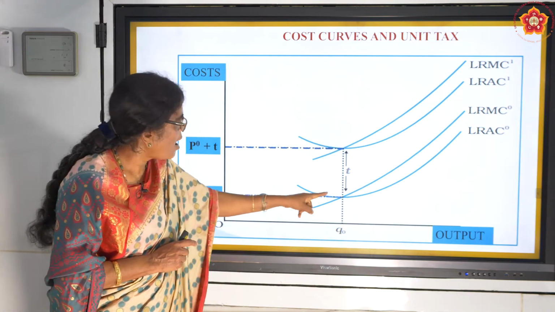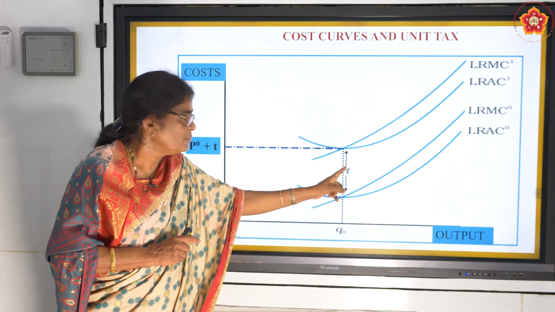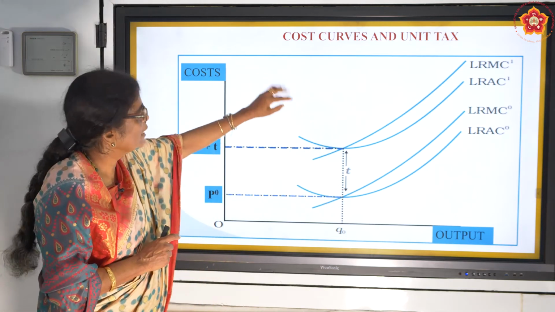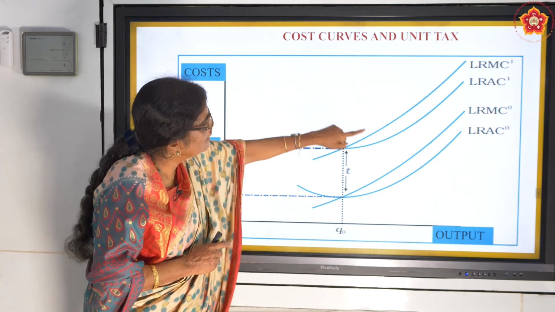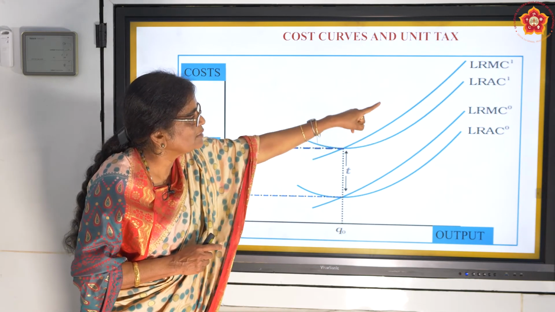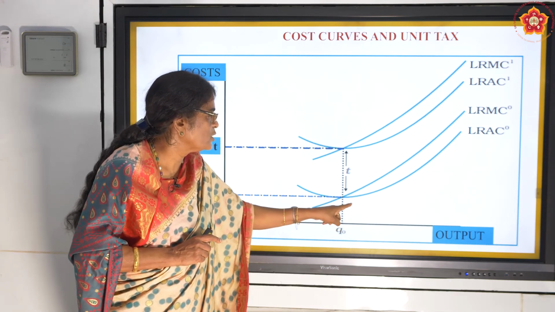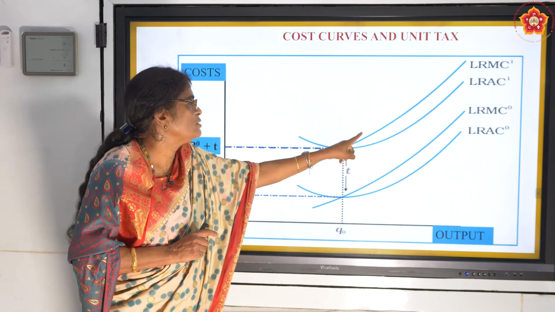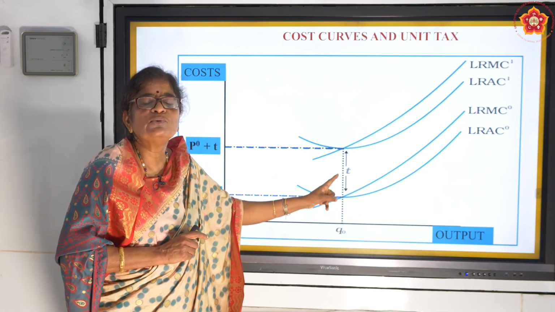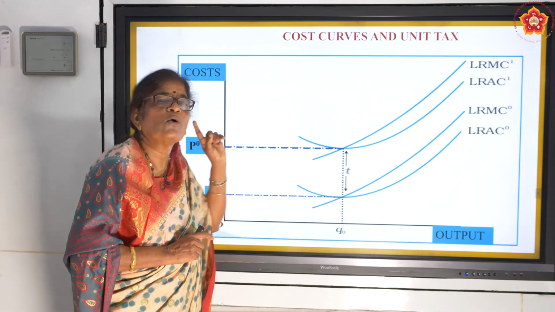After rupees T per unit of tax is introduced or imposed, you now get new cost curves. LRMC0 becomes LRMC1, and LRAC0 changes into LRAC1. These are the cost curves before the imposition of tax, and this is the set of 2 cost curves after the imposition of rupees T per unit of output.